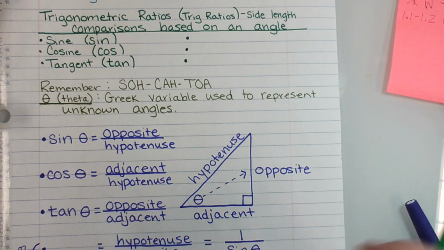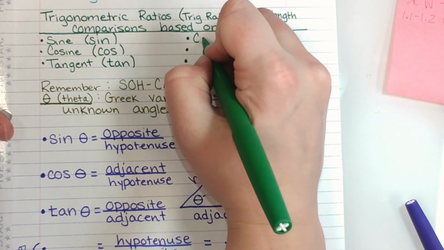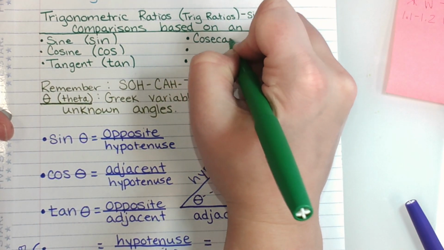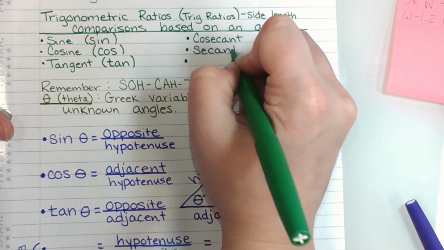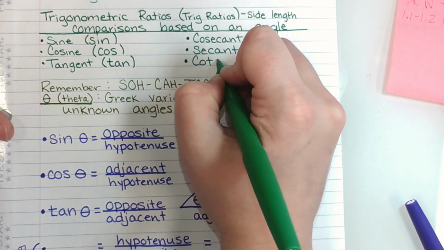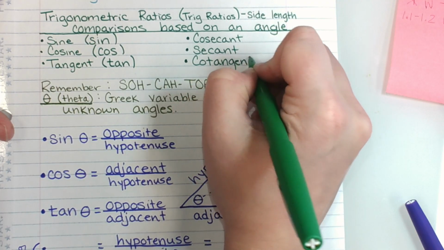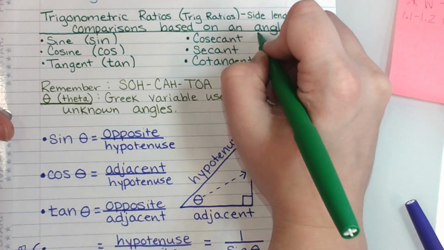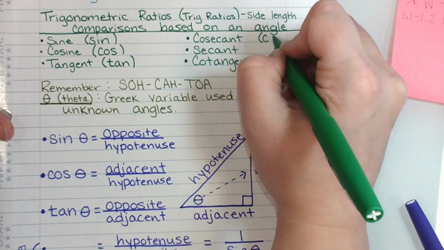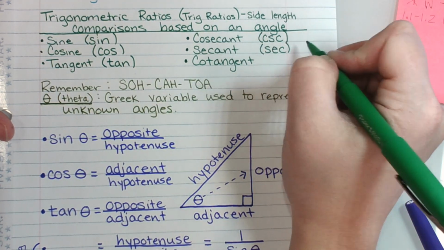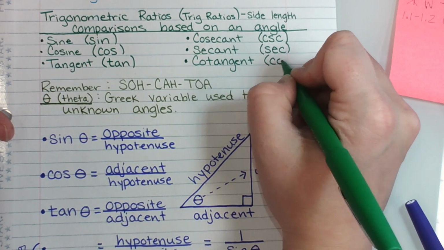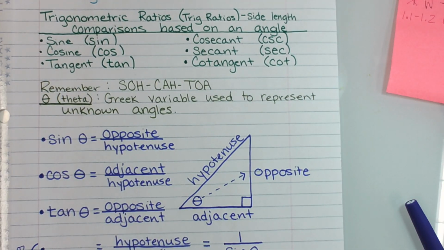These three are named cosecant, secant, and cotangent. Cosecant is CSC, secant is SEC, and cotangent is COT when shortened.